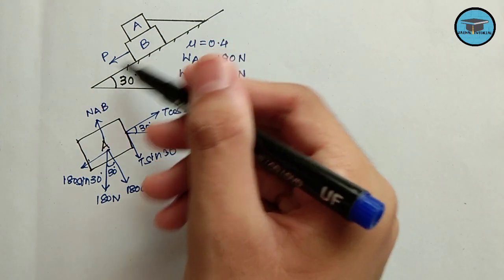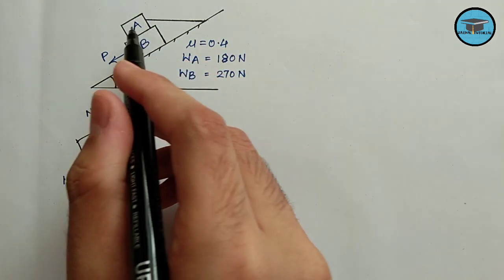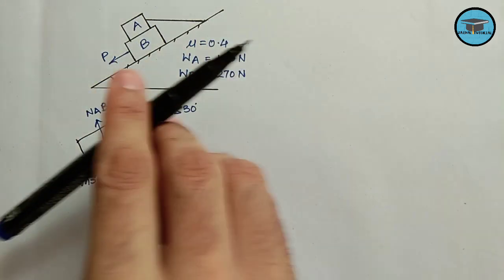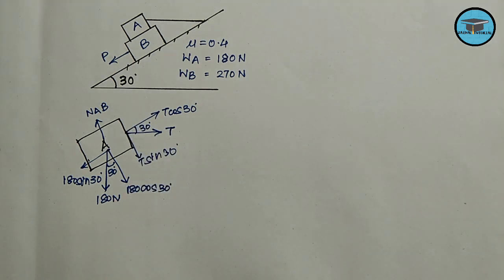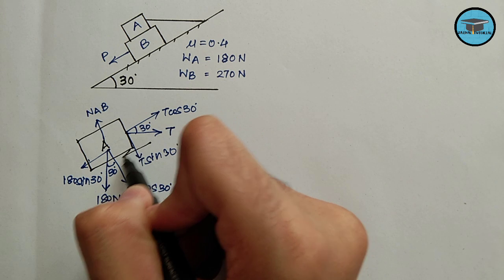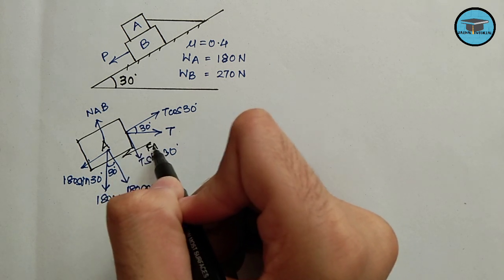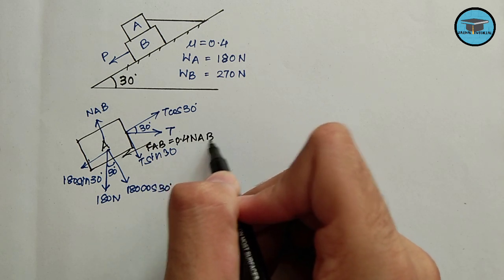Since block B would be moving in this direction, relative to block B, block A would be moving in this direction, so the frictional force would definitely act in this direction. So the frictional force acting on block A is FAB, having the magnitude of 0.4 NAB.